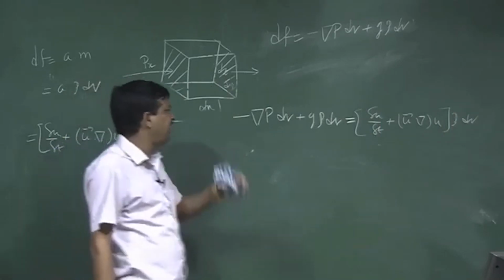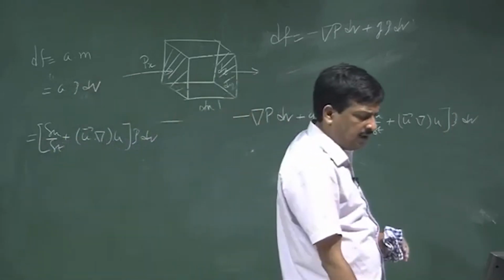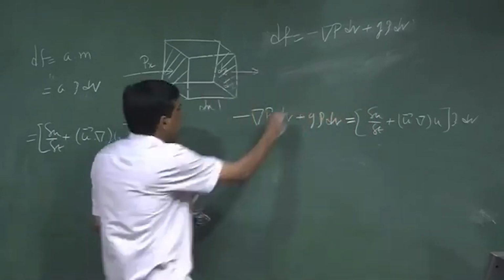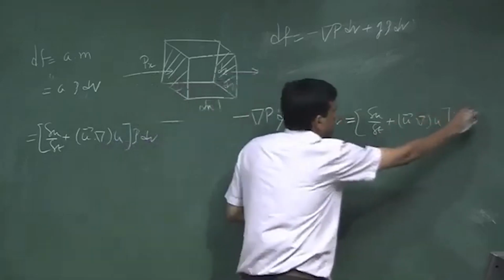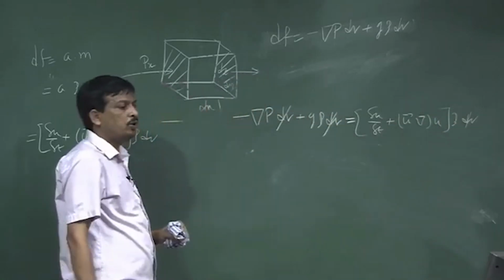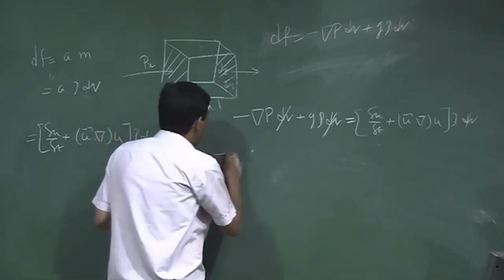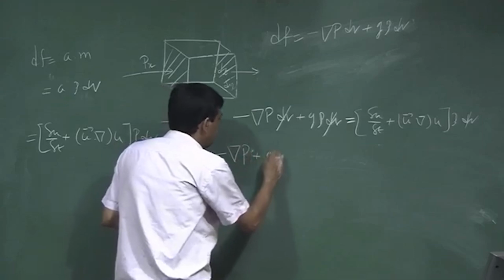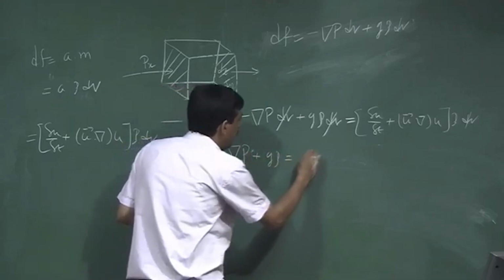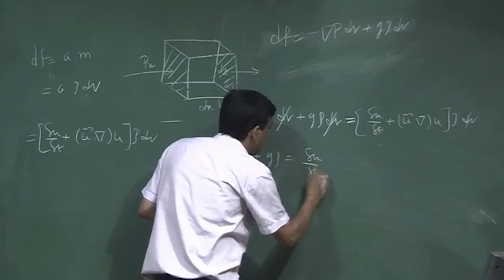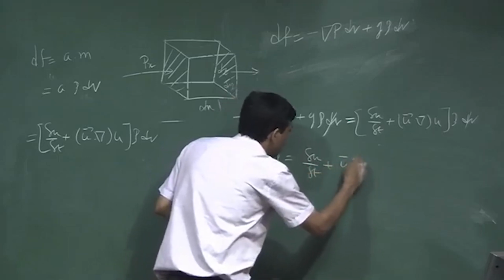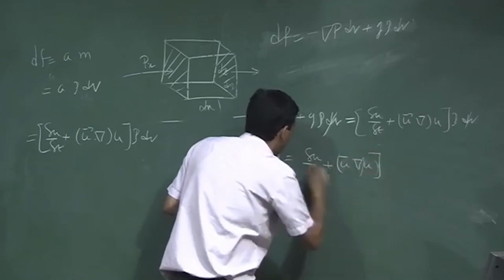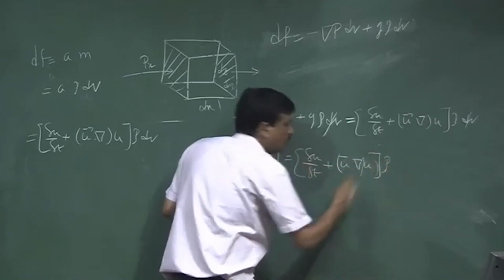So I can say that dV on both sides will be cancelled. So I can cancel this dV. So what is the equation? Minus del P, the total pressure, plus G rho, is equal to del u by del t plus u divergence u, whole multiplied by rho.